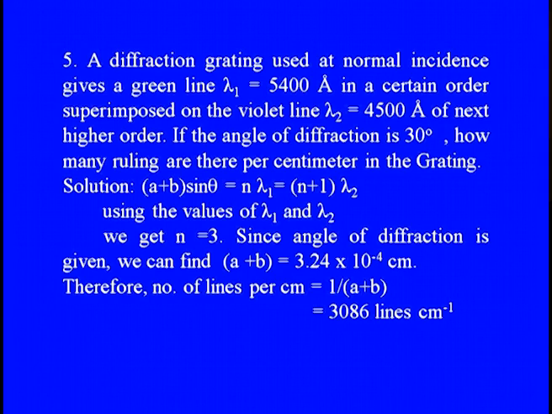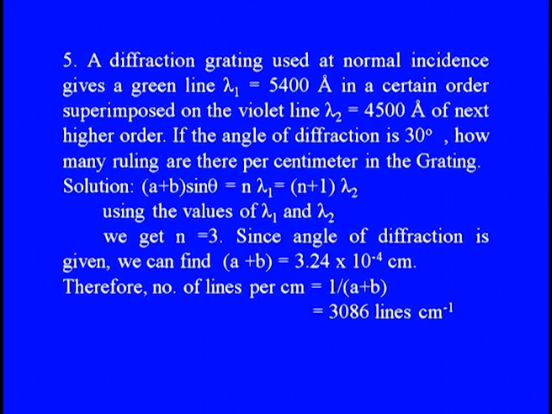If the angle of diffraction is 30 degree, how many rulings are there per centimeter in the grating? According to the problem, (A plus B) sin theta will be equal to n times lambda 1, which will be equal to (n plus 1) times lambda 2. Now, putting the values of lambda 1 and lambda 2, we get n equal to 3.